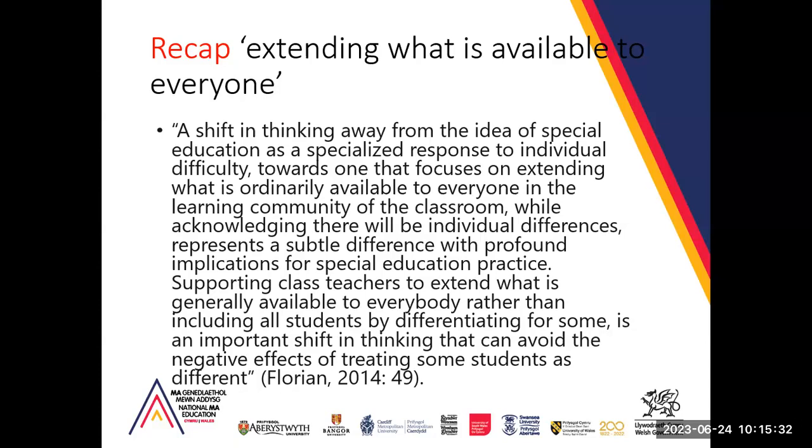In the chapter, Florian talks about supporting teachers to extend what is generally available to everyone, rather than differentiate, which may single out people within that setting. The idea behind this was that it gives new thinking towards inclusive practice. So just things to be aware of there.